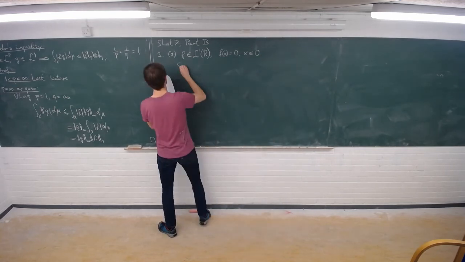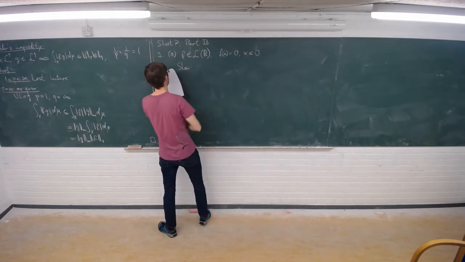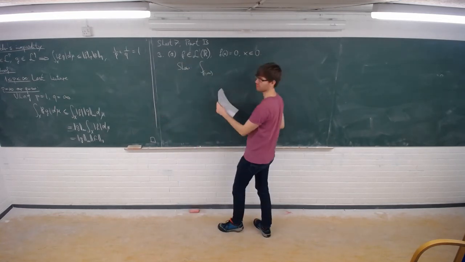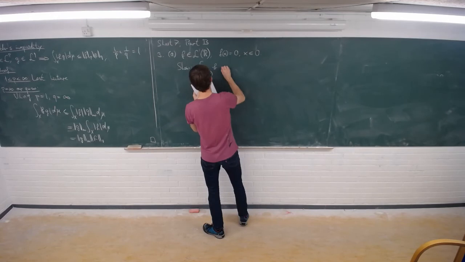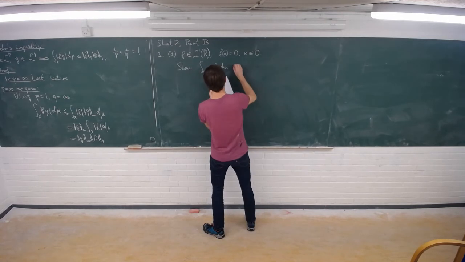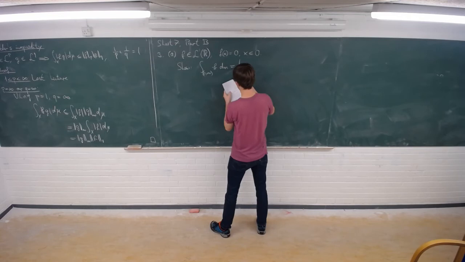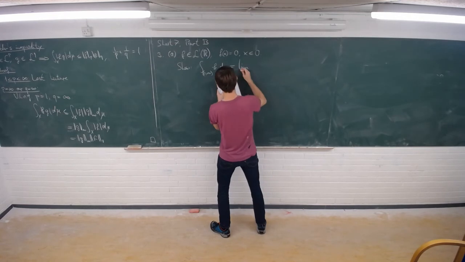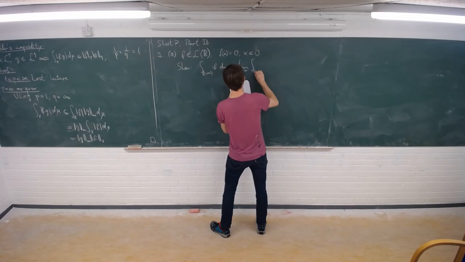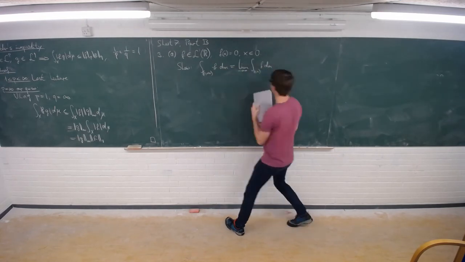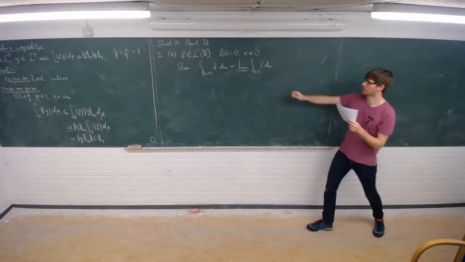And then we had to show that the integral from 0 to infinity of f dm is the same as the limit as n goes to infinity of the integral from 0 to n of f dm. So this was part A.